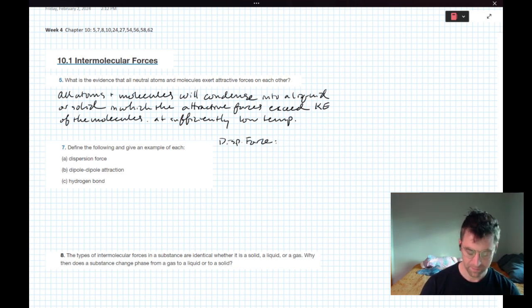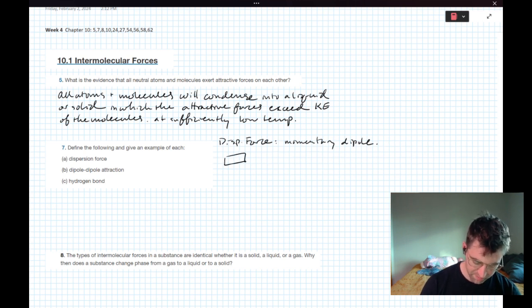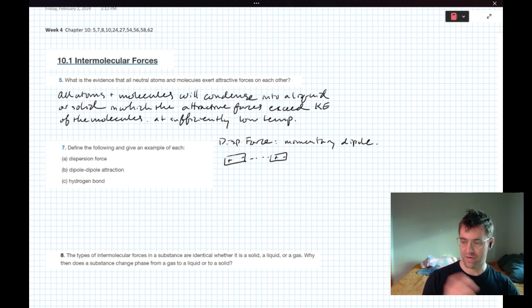And a simple way to think about this could be in terms of magnets, right? You have positive and negative ends. Negative is attracted to positive.